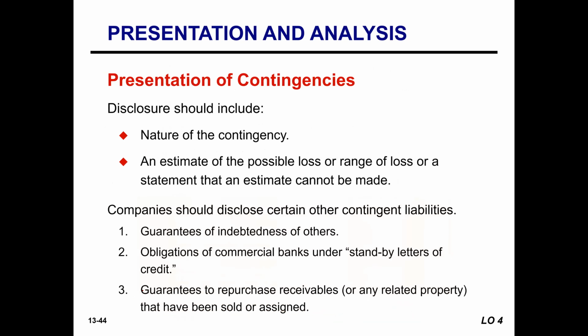Okay, presentation of contingencies. Again, disclosure should include the nature of the contingency, an estimate of the possible loss or range of loss, or a statement that an estimate cannot be made. Some other contingent liabilities that companies should disclose: guarantees of indebtedness to others, obligations of commercial banks under standby letters of credit, and guarantees to repurchase receivables or any related property that have been sold or assigned.